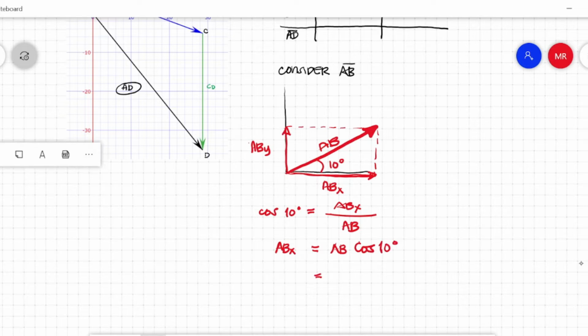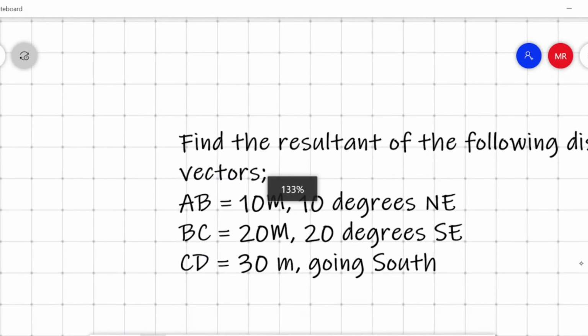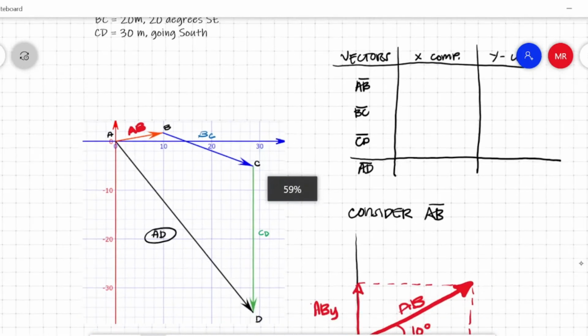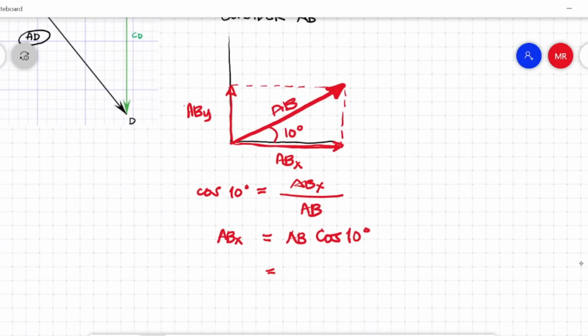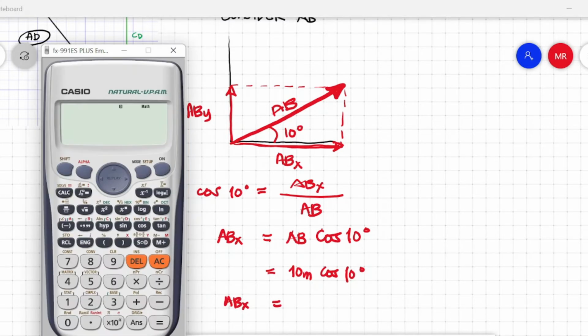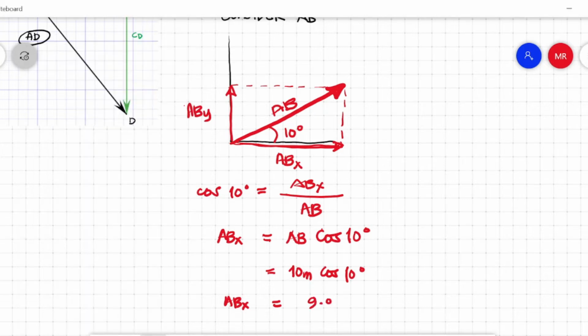According to our given, AB is 10 meters with an angle of 10 degrees north of east. So this is 10 meters times cosine 10 degrees. Let us compute for ABX: 10 cosine 10 degrees is 9.85 meters. And since ABX is going to the right, this is positive.